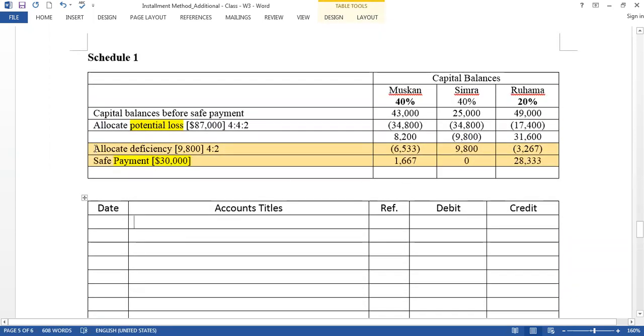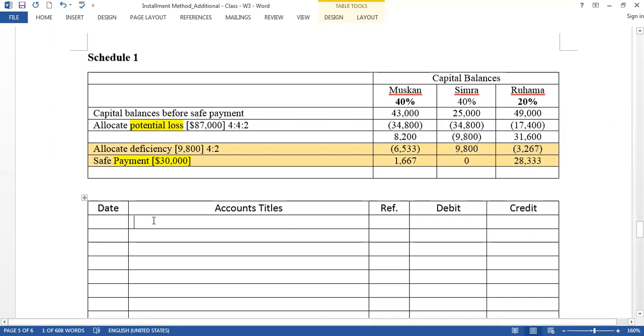Now look at this point. Allocate the deficiency. Here, Shimra is going to receive capital, right? From whom? From Muskan and Ruhama. That means Muskan is going to sacrifice this capital, right? So if you sacrifice, your capital is decreasing, and when your capital decreases, it is a debit, right? Then Ruhama is going to sacrifice her capital, which is going to decrease, debit, but Shimra is going to receive the capital.